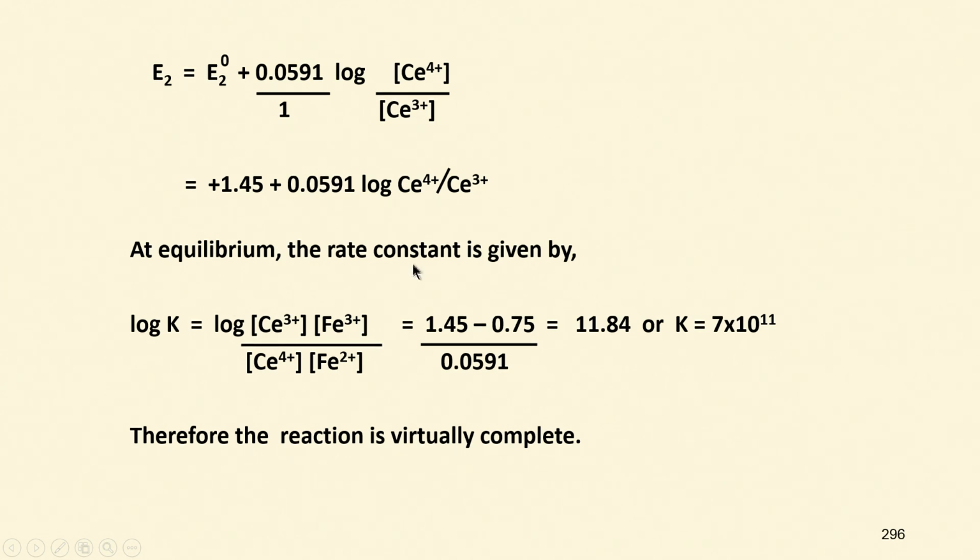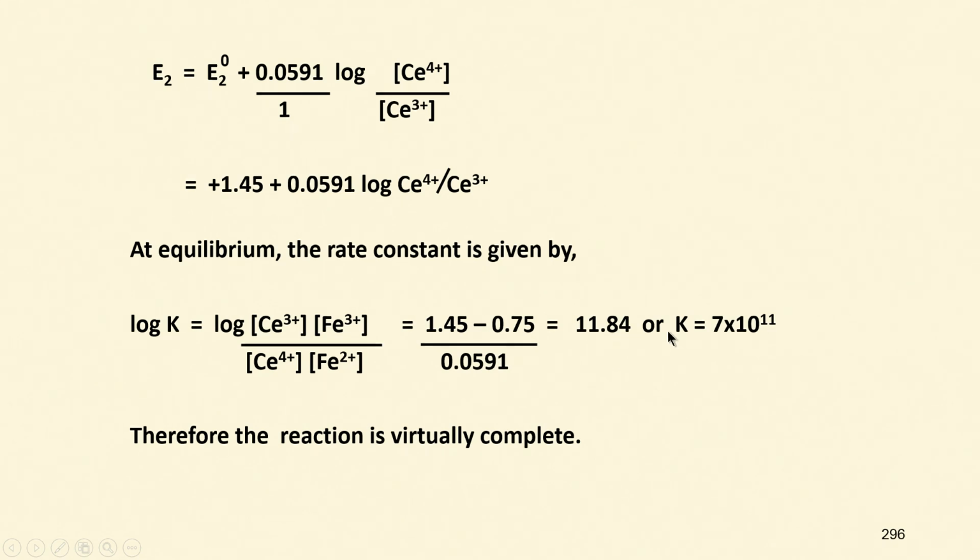So, at equilibrium the constant is given by logarithm of K is equal to log of Ce3+ Fe3+ divided by Ce4+ into Fe2+. So, in terms of potential, I have 1.45 minus 0.75 divided by 0.0591, that works out to 11.84.